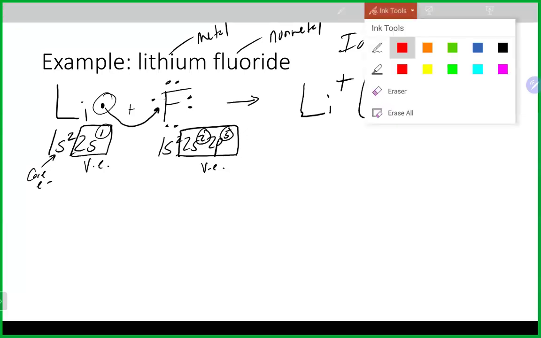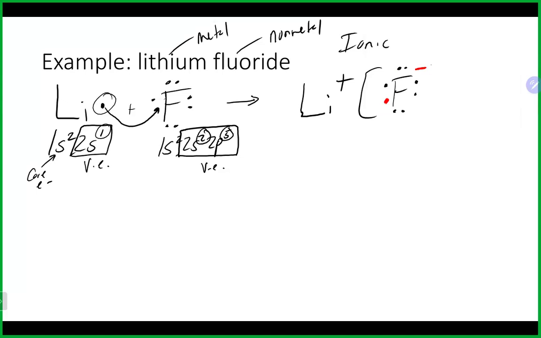Now what we have are two ions, which is the basis of an ionic compound and an ionic bond. What holds this together is the electrostatic attraction, a fancy way of saying positive and negative attract each other, opposites attract.